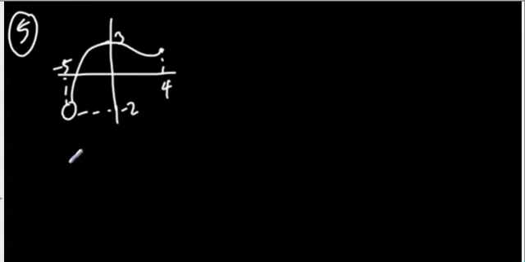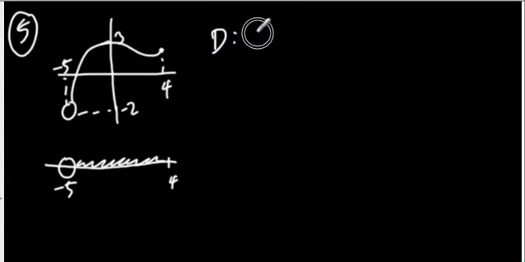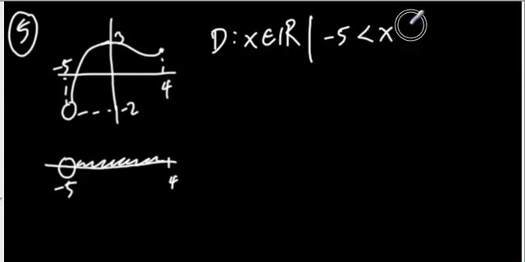So if we draw a number line and look at the domain, -5 is here, but it's not included, and it goes all the way to 4. So the domain in this case is x is an element of the reals, from -5, not including it, all the way to 4.